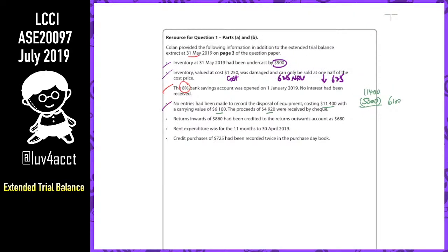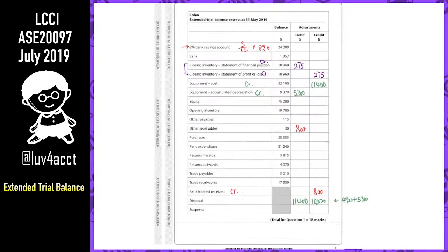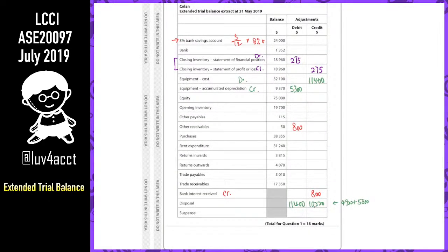Next, returns in 860 had been credited to the returns outwards account as 680. Returns in recorded as returns out, and the amount is incorrect. So I will take out the incorrect one first.